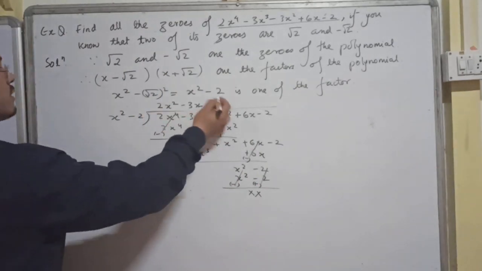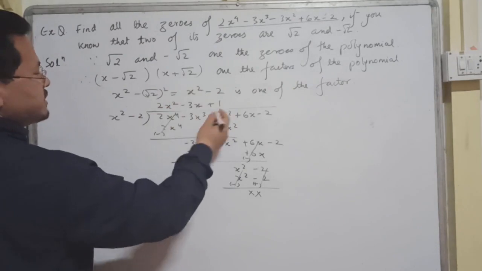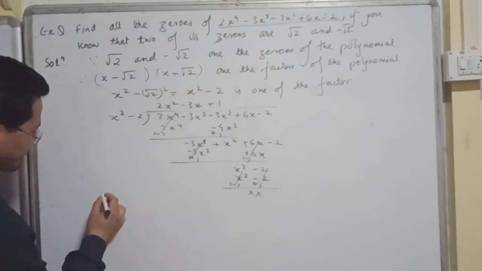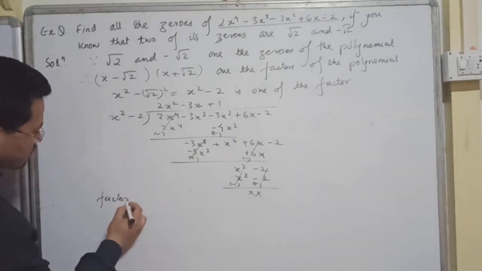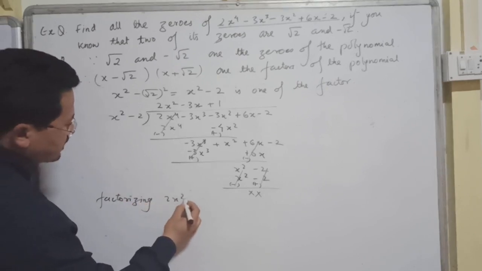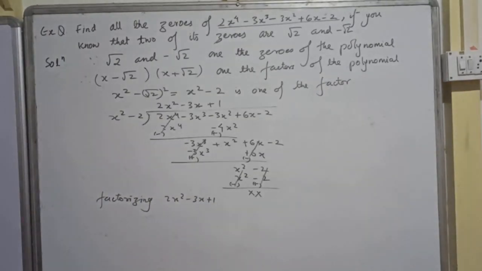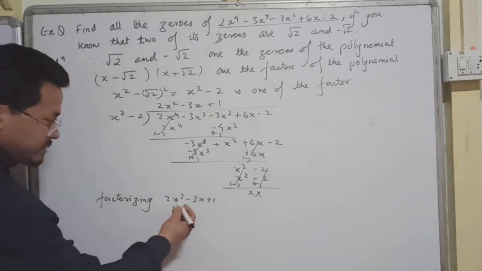We need to factorize this term, or we need to do the splitting of the middle term. So factorizing 2x squared minus 3x plus 1. You already know how to factorize a quadratic polynomial or expression, so I'll be doing it directly.